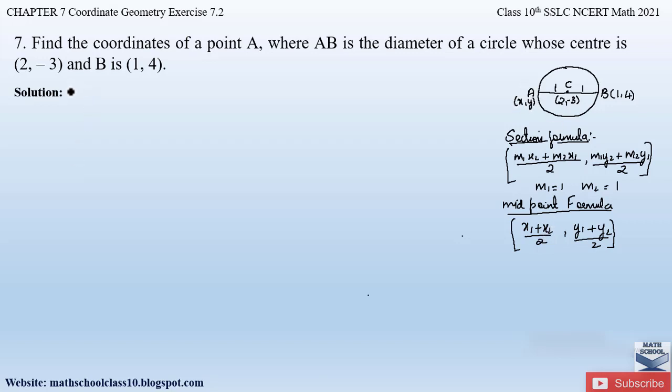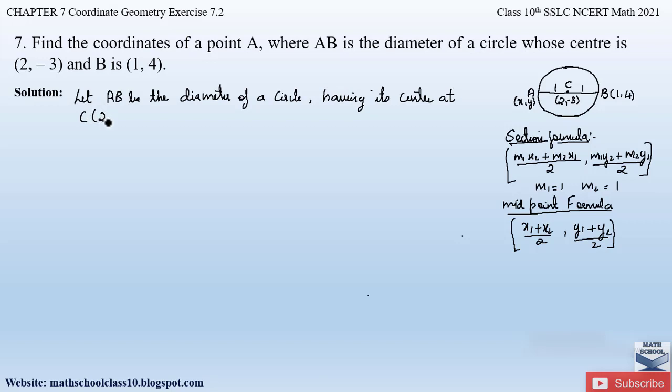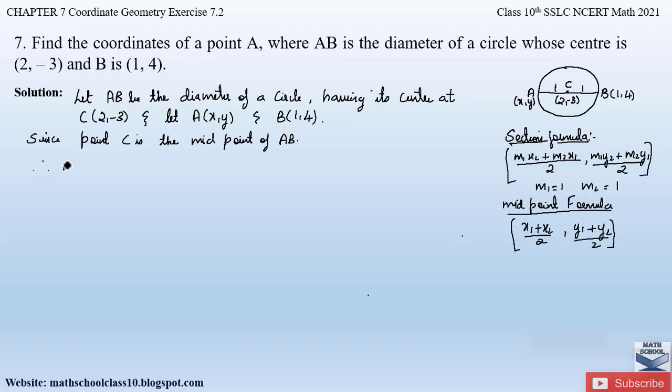Let us first write down: let AB be a diameter of the circle having its center at C, whose coordinates are (2, -3), and let point A, whose coordinates we have to find out, be (x, y), and point B be (1, 4), whose coordinates are given. Point C is the midpoint of AB. Therefore the midpoint formula is given by (x1 plus x2) divided by 2 and (y1 plus y2) divided by 2.